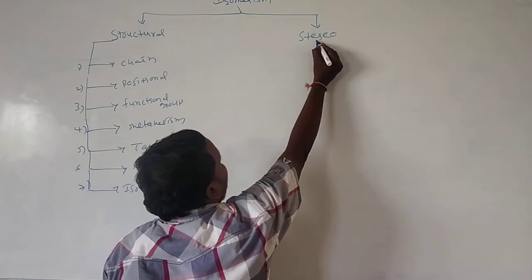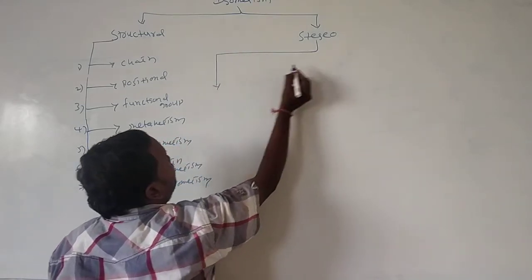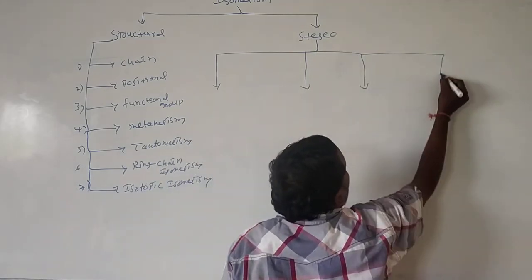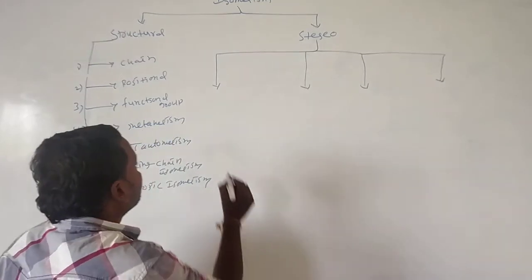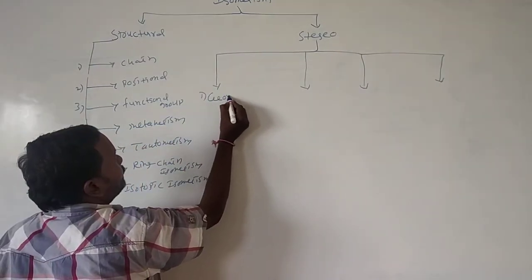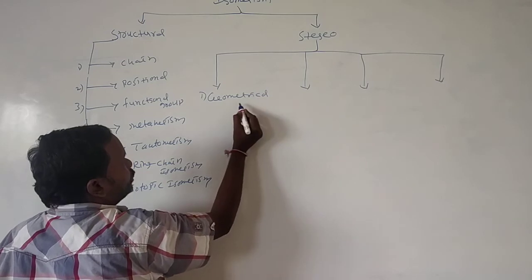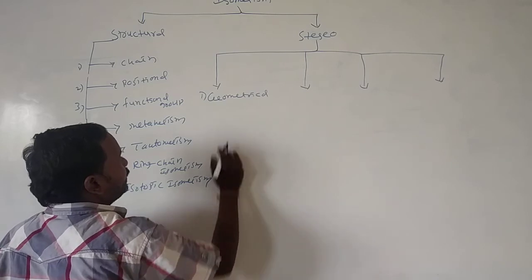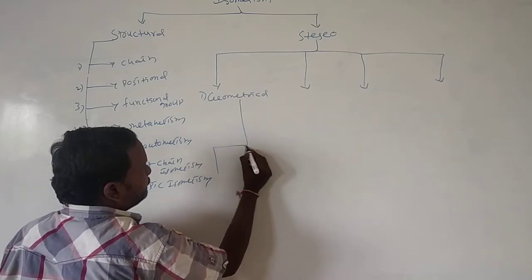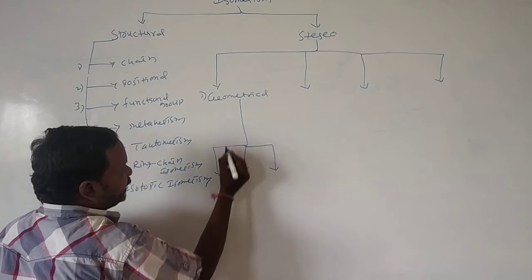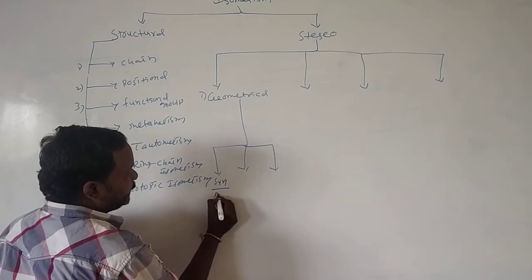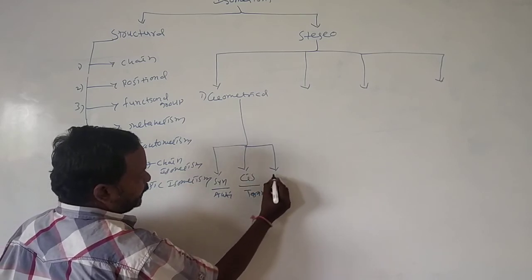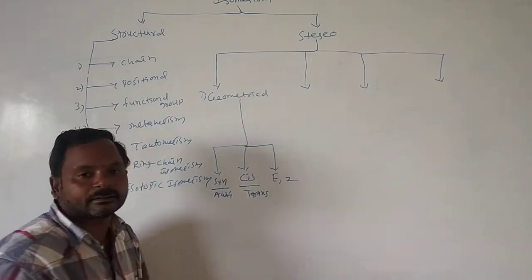Okay, next in continuation, stereo isomerism. Stereo isomerism may be of 4 types. First one, geometrical. In geometrical, here I will write 3 types: syn, anti, cis, trans, E, Z. All are finished.